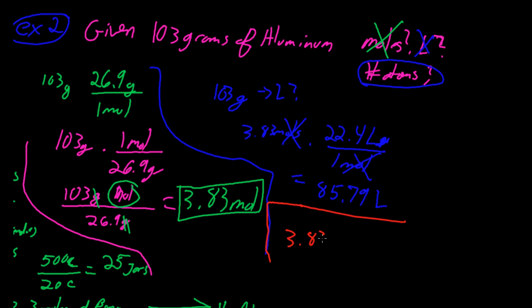So we have 3.83 moles of aluminum, and if we remember, in 1 mole there were 6.022 times 10 to the 23rd atoms. So there are this many atoms per mole of any substance. In this case, it's aluminum.